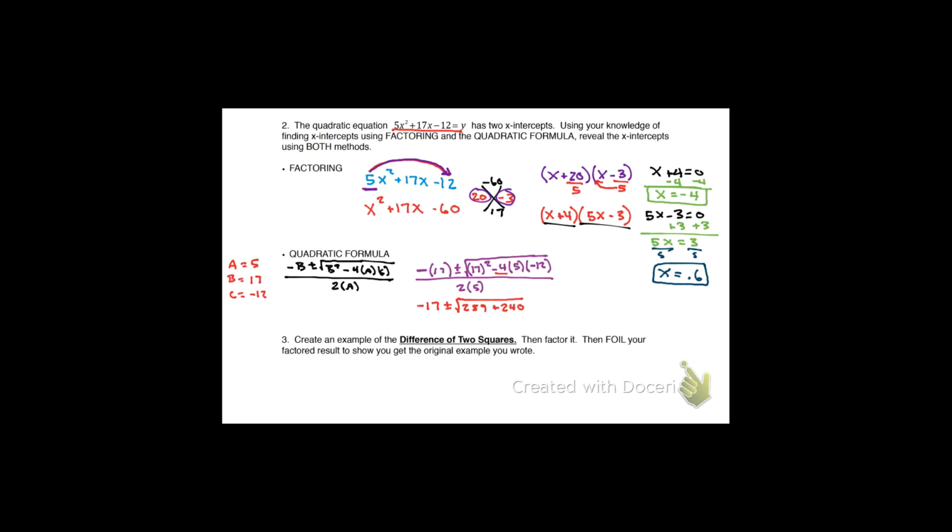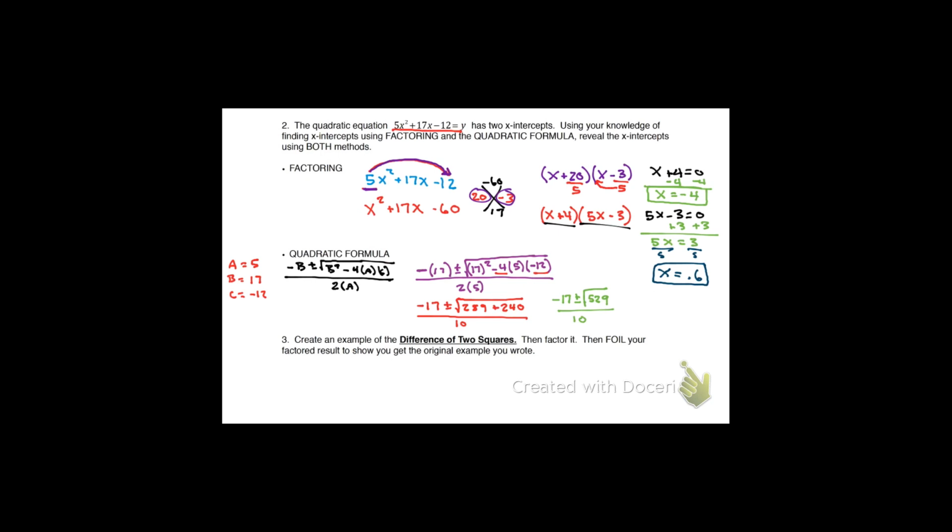Because you end up with the negative times the negative. All divided by 10. Okay, simplifying one more time. We have -17 plus or minus the square root of 529, divided by 10.